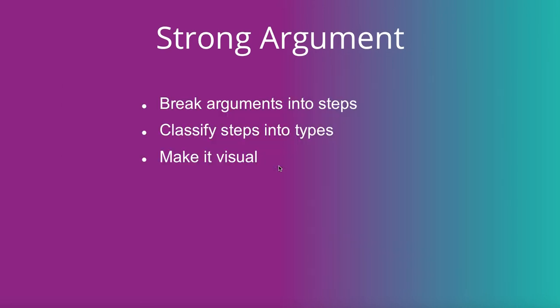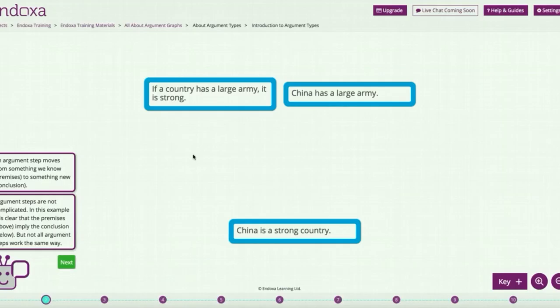In Endoxa, we've done this in three ways: breaking arguments into steps, classifying each step into a type, and making the whole thing visual. Breaking things into steps and making things visual are quite straightforward ideas, but argument types less so. So in this video, I'm going to explain the idea of argument types using a few examples.